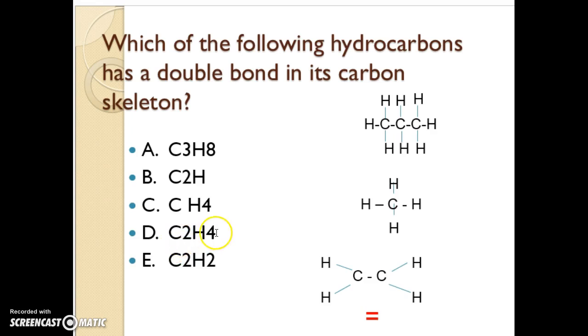The C2H4, if we draw that here, we have 2 carbons. Again, they're going to bond with each other. And then we have 4 hydrogens, so we can put 2 onto each carbon. But if we count how many bonds are around the carbon, we only have 1, 2, 3, and for this carbon, 1, 2, 3. So these carbons still have 1 empty valence.